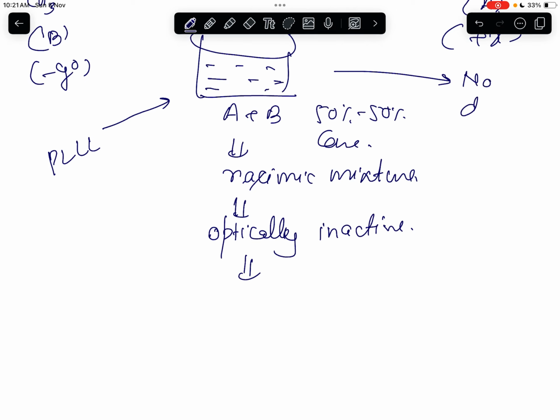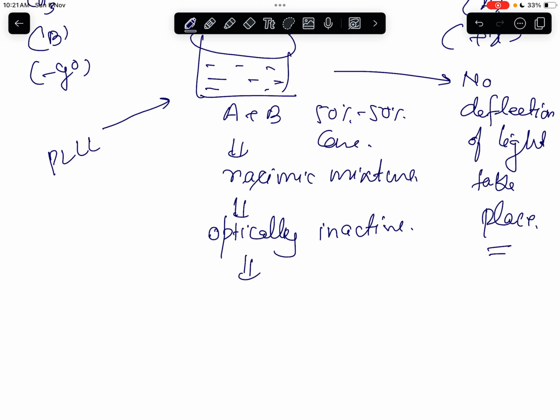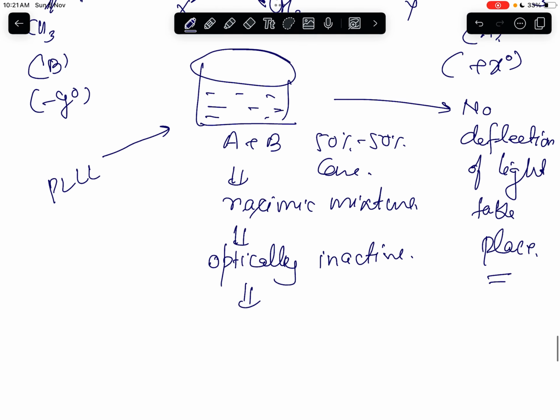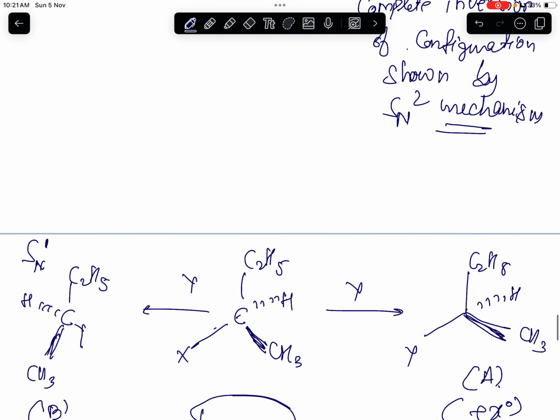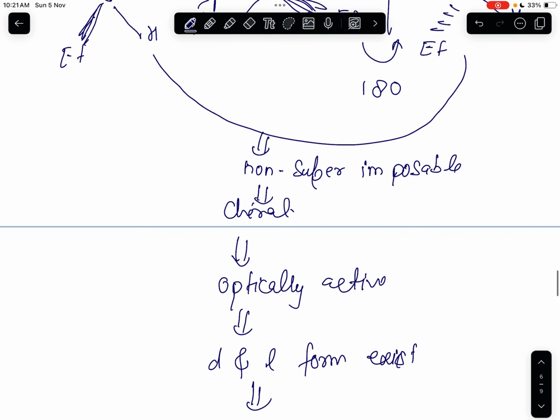No deflection of light takes place. So this is all about the stereochemical aspect for SN1 and SN2.